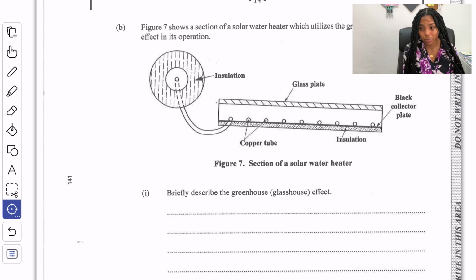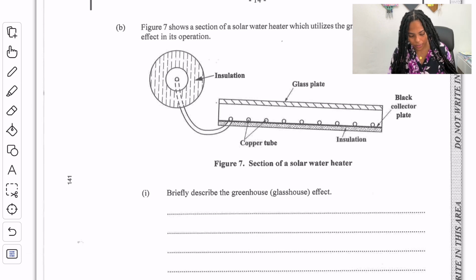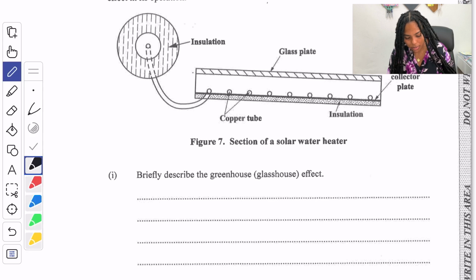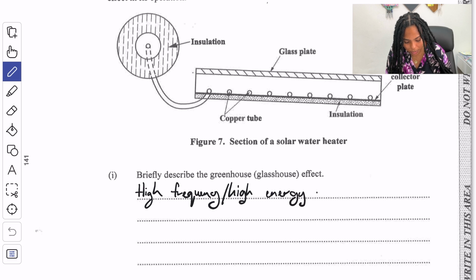So let me see if I can put that into words or into good cohesive sentences. So I would say high frequency or high energy radiation is incident on the glass plate.